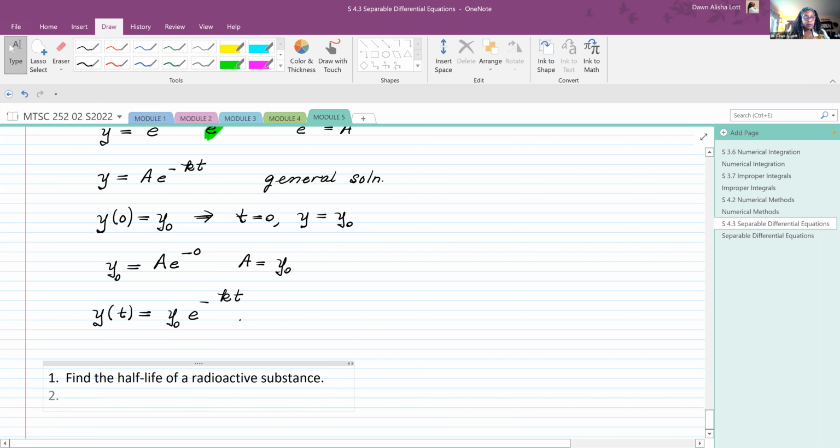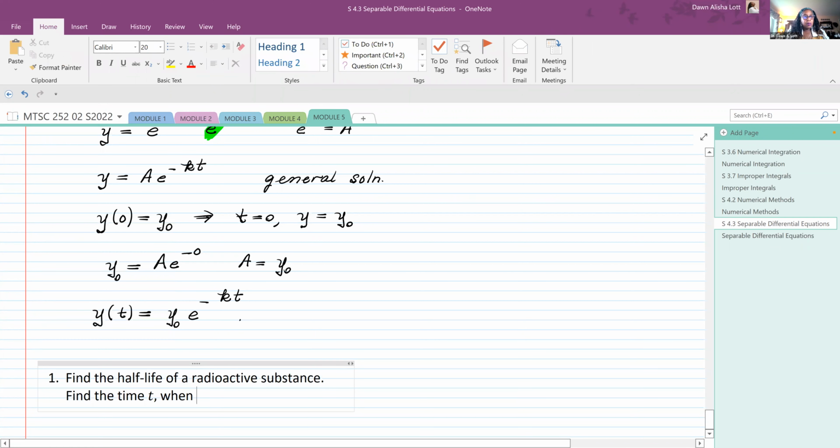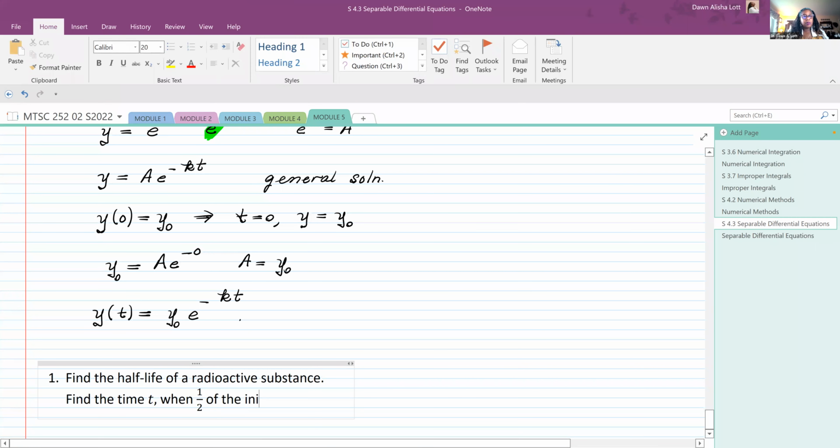That says find the time t when one half of the initial amount is left.